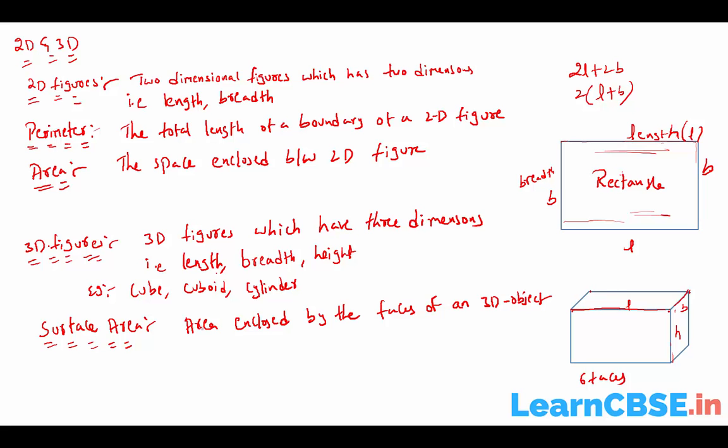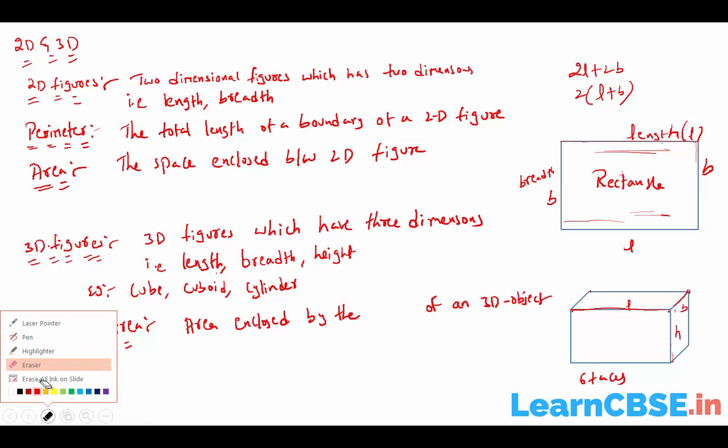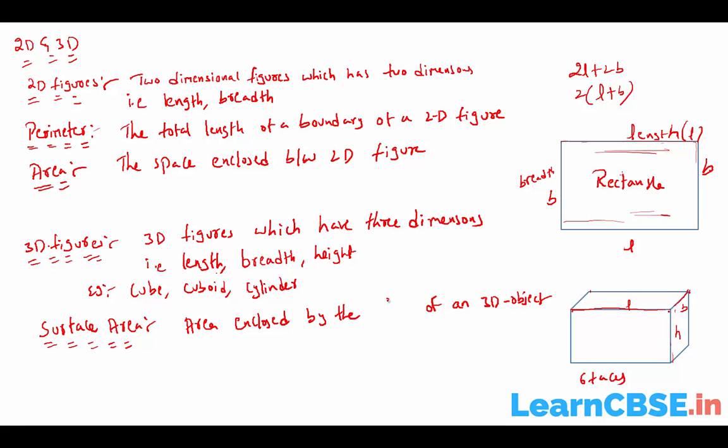The area enclosed by the faces of a 3D object is called surface area. Now volume. In two-dimensional figures we come with the area when we are talking about space.